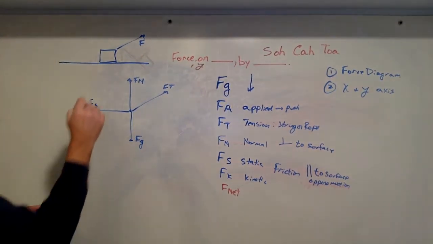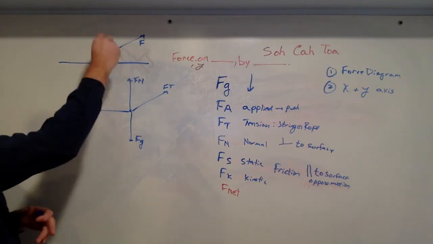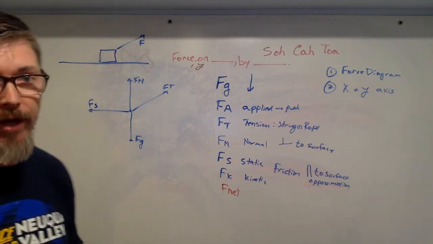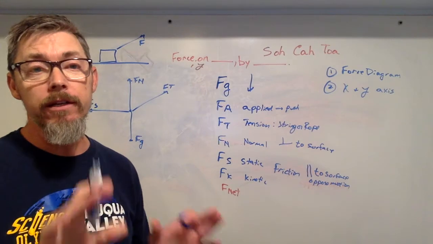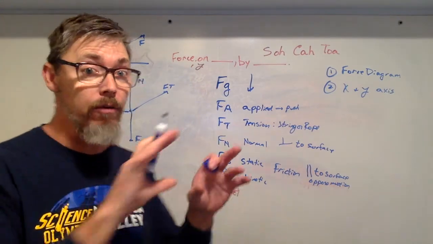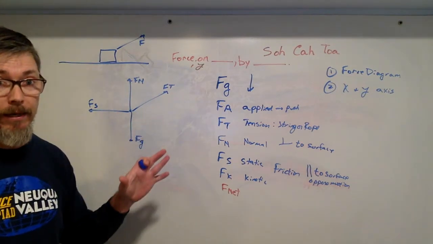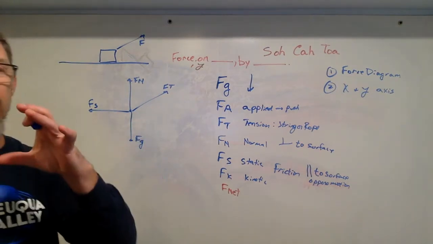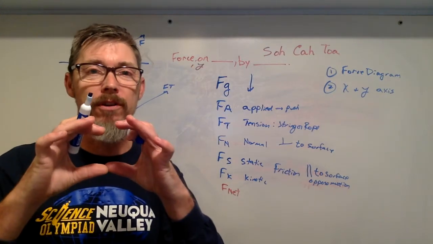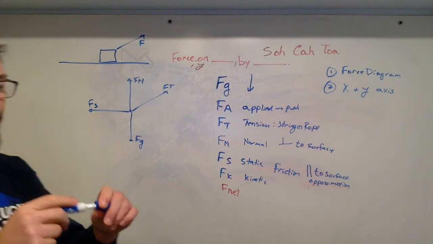Notice how I did not draw my force diagram up here on top of my picture. Don't do that. If you need to do that just to see what forces are involved, okay, but then redraw it off to the side and make it nice and big. Otherwise the lines and everything from the picture just get in the way and you can't see what's going on. So you want it to be off to the side.